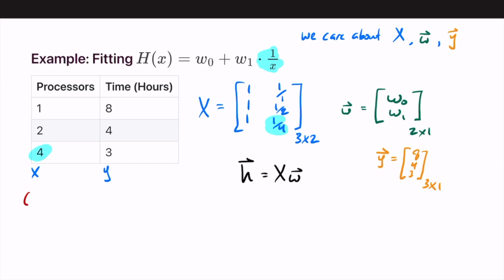So our goal, and particularly not just the W naught and W sub 1 because there's an infinite number of values that we could put in for there, but it's to find the best one, the W naught and W sub 1 star. The best one that gets us closer to the y vector when we solve the system of equations. And we do that by solving for the normal equations.